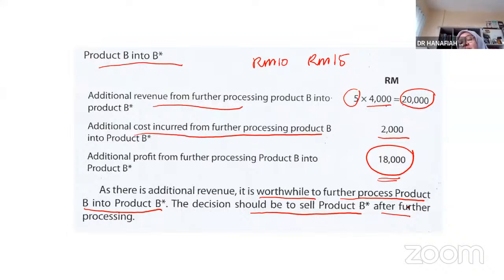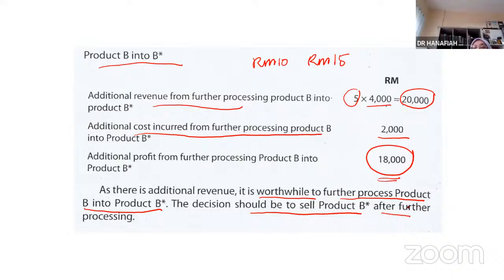All right, so this is how you make a decision. You cannot base it on the figures 20 to 21 and say you make a profit. When you calculate the earning of only 1,000, you cannot cover the additional cost of further processing. But for product B, you can cover the only 2,000 further processing cost.